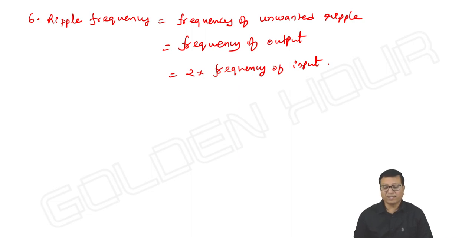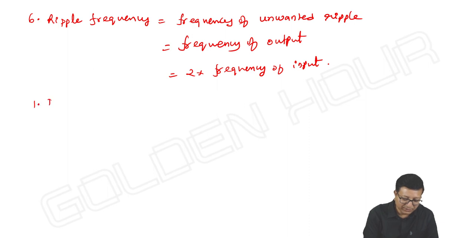So in a center tapped full wave rectifier, what we observed is, the first one is IDC. It is twice the IDC we got in half wave rectifier. And VDC also we calculated.